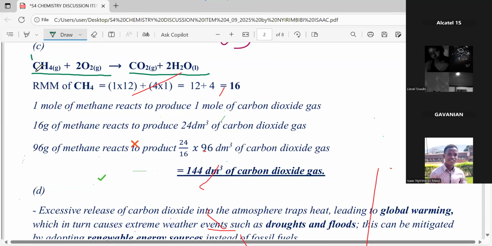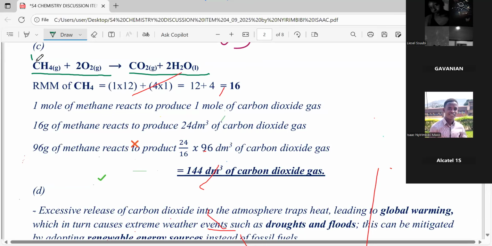So we compare what we have and what we are looking for. What we have is the mass of methane, and what we're looking for is the volume of carbon dioxide. The coefficient of methane is 1, therefore 1 mole of methane reacts to produce 1 mole of carbon dioxide. Do you see that from the equation?